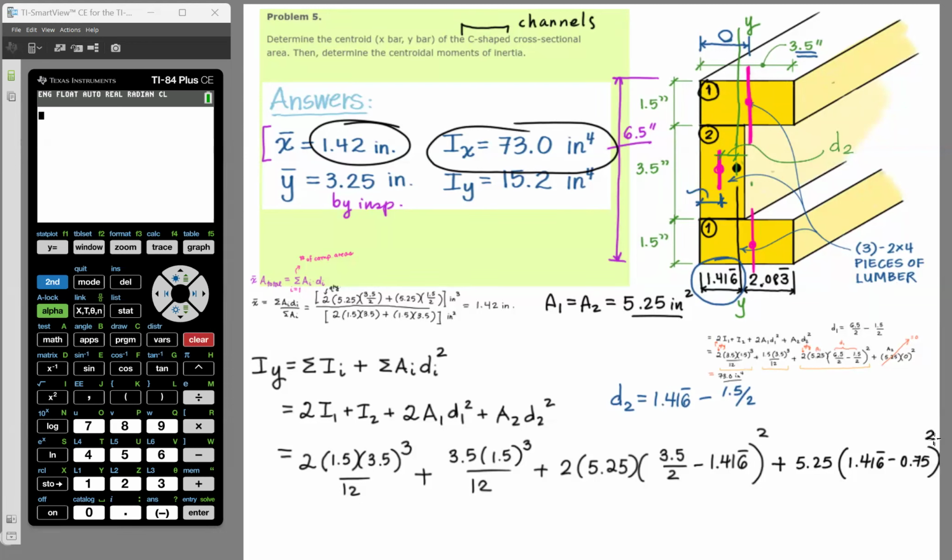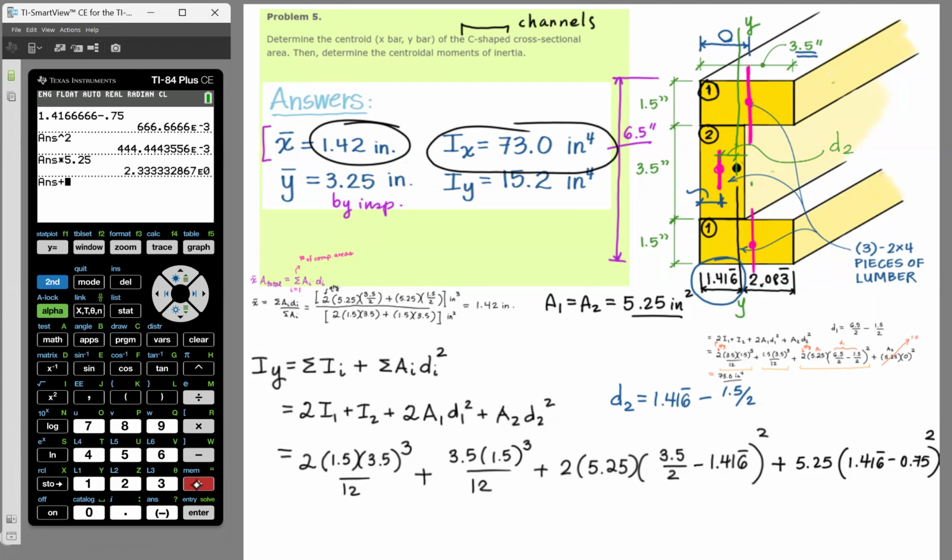All right, another big mess for my calculator. I'm going to work from right to left. So I'm going to start with 1.416, and I usually just put a few more in for good measure. It's really not mission critical, but minus 0.75 equals, square it, times 5.25.